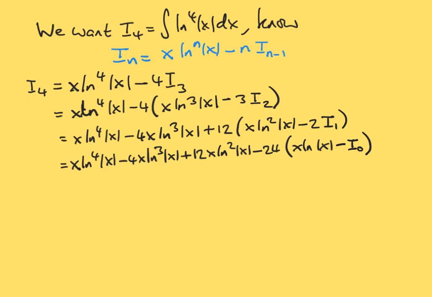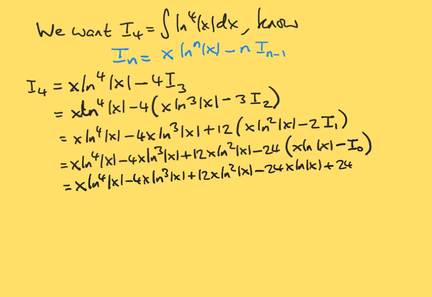Now, let's just rewrite this again. Let's be nice and slow, get it right. x log to the fourth of x minus 4x log cubed of x plus 12x log squared x minus 24x log of x plus 24 I naught.